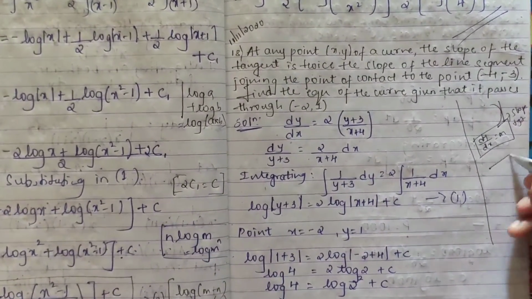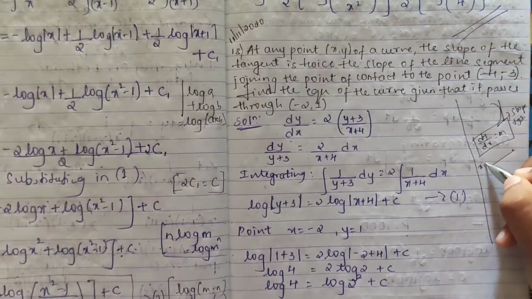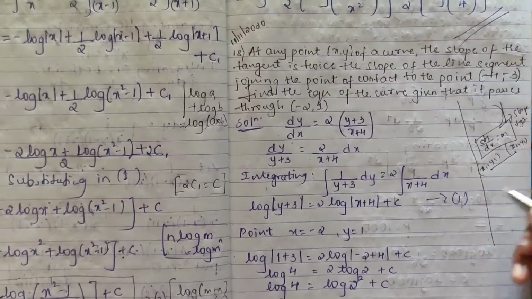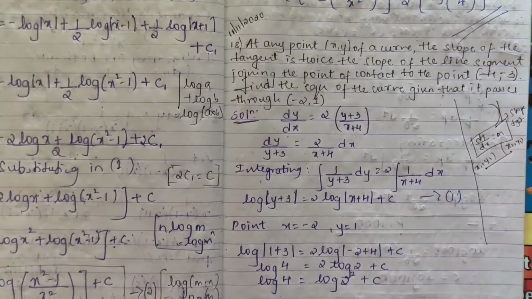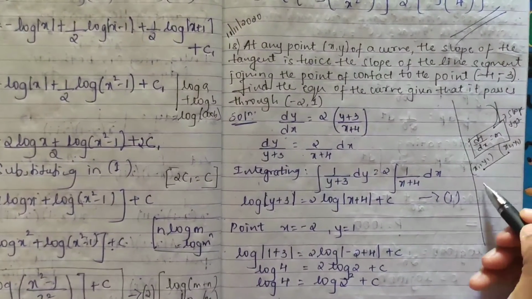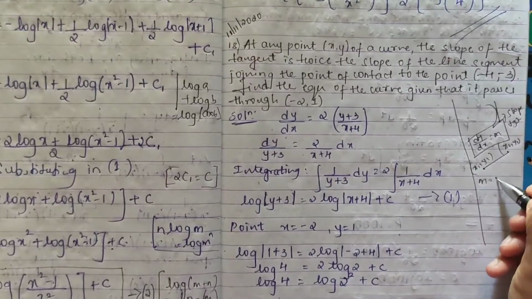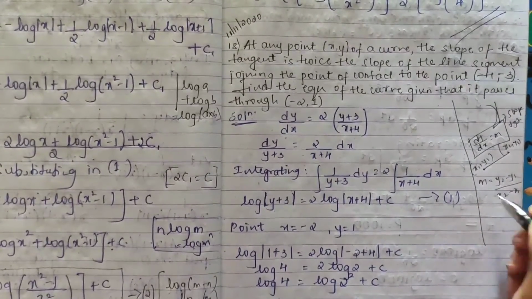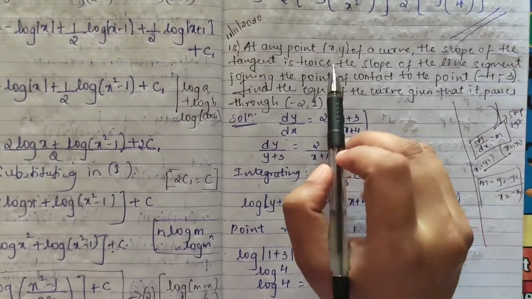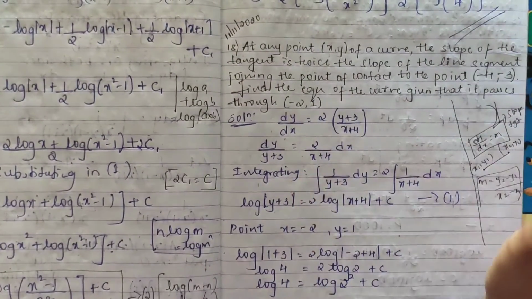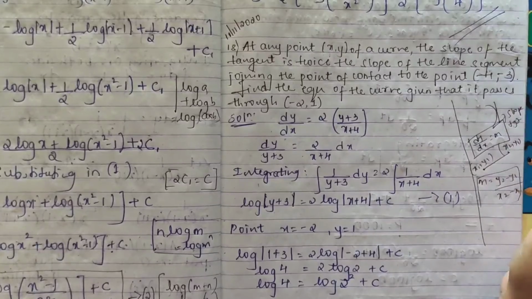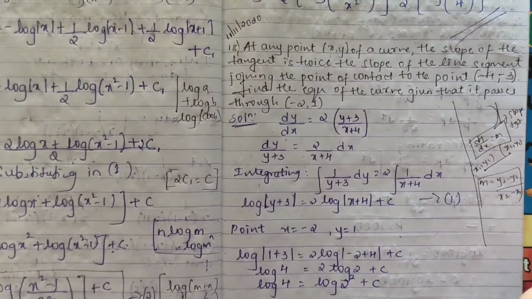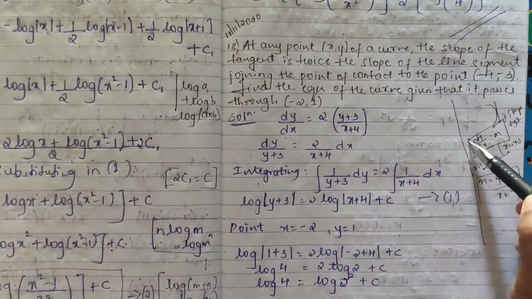And whenever there are 2 points of a line, points x1 y1 and x2 y2, the slope is m equal to y2 minus y1 divided by x2 minus x1. So here you have point xy and also -4, -3. So we can take x1 y1 and x2 y2, and dy by dx as your slope.